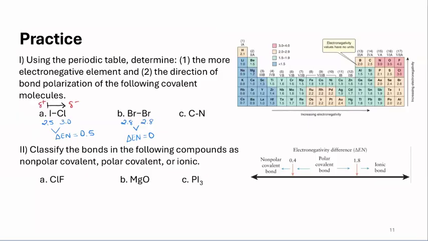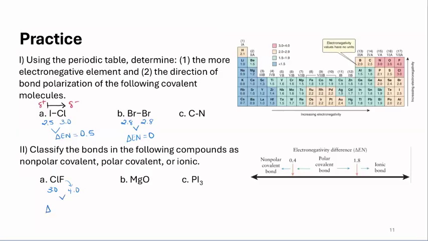This allows us to look at the electronegativity value for each of those atoms. Chlorine has an electronegativity value of 3.0. Fluorine has an electronegativity value of 4.0.